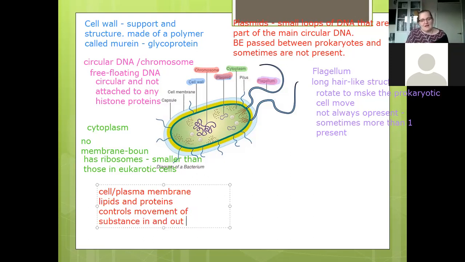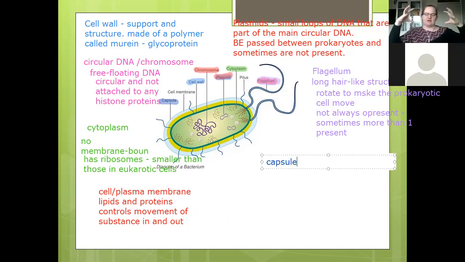And then finally, the only thing we haven't mentioned, is a capsule. Again, this is something that sometimes they have, sometimes they don't. Some prokaryotic cells have something called a capsule, which goes around the outside of the cell. As you can see by the images, it's on the outside, and it's made up of secreted slime.